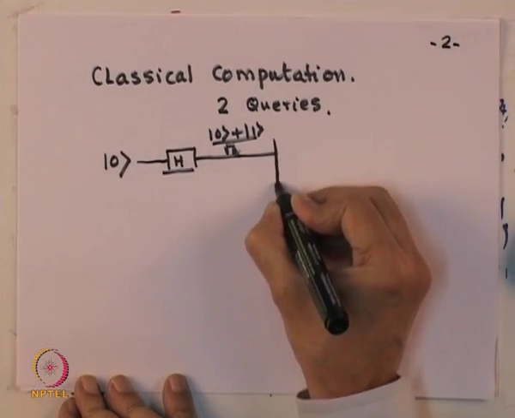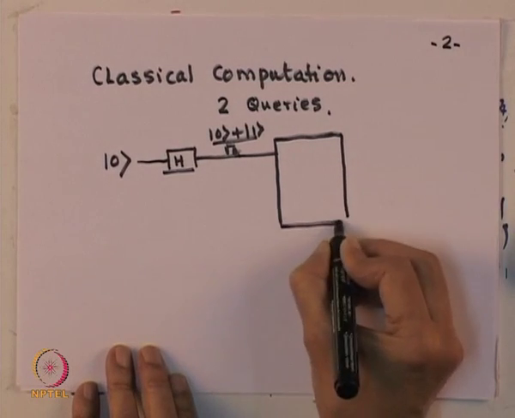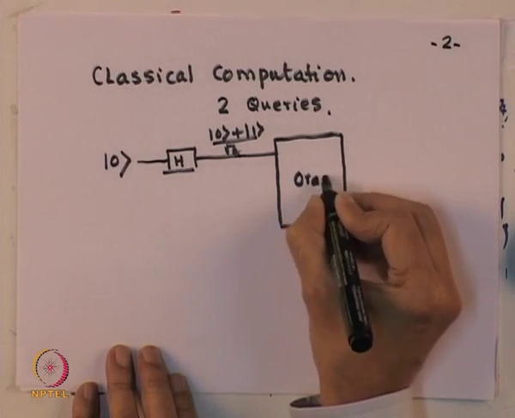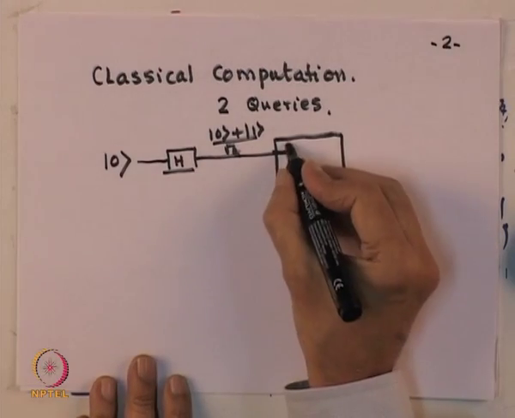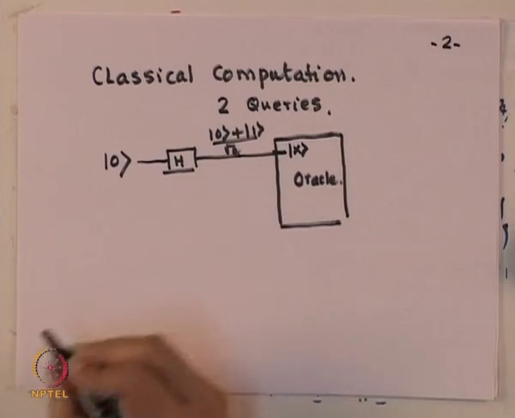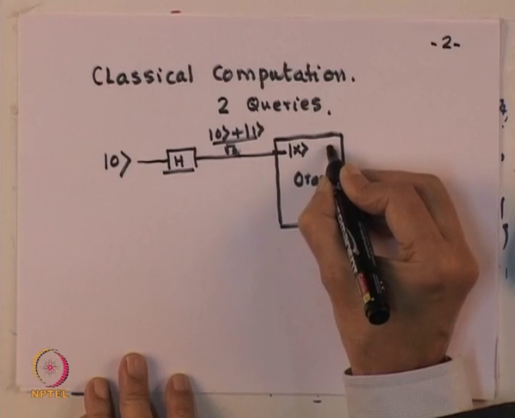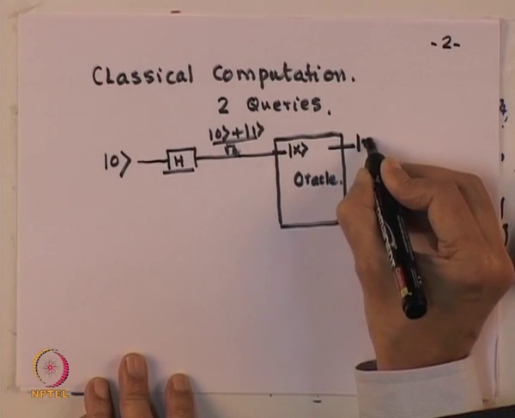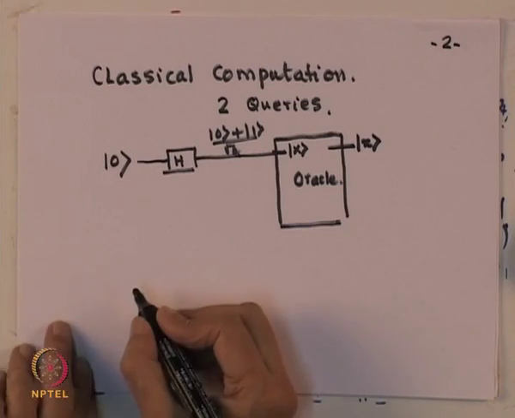Now this is my input to an oracle. So this is my oracle. So this is what we have been calling X. And as we know, this input after passing through the oracle is not disturbed. It remains the same.